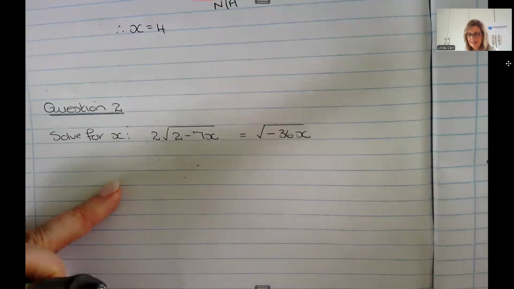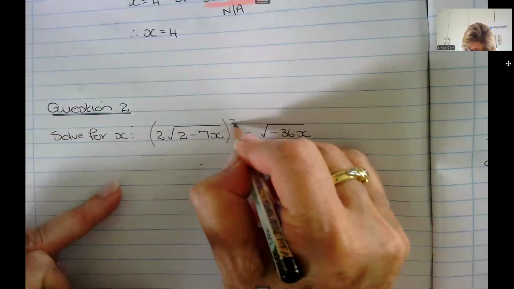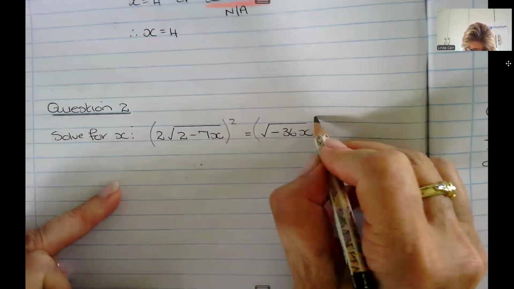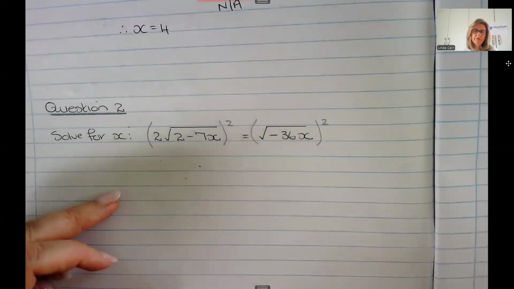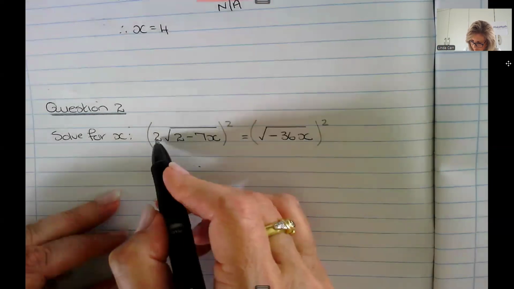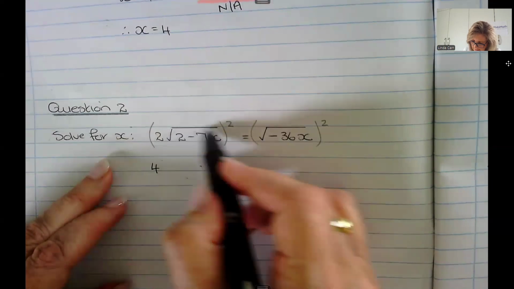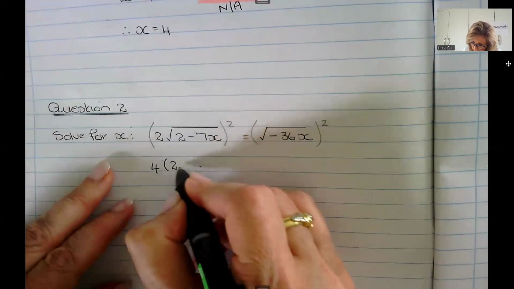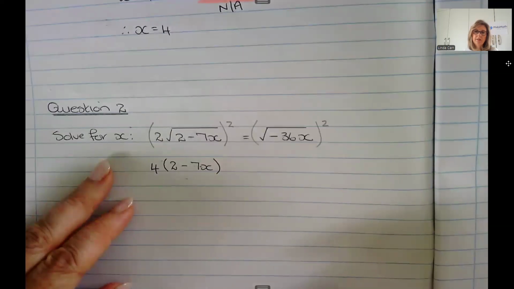But when I square both sides, I have to be careful and remind myself that I'm squaring the whole left-hand side as one perfect square and the whole right-hand side as one perfect square. So when I square the left, it's going to be 2 squared, which is 4, and I'm squaring the square root, so it falls away.